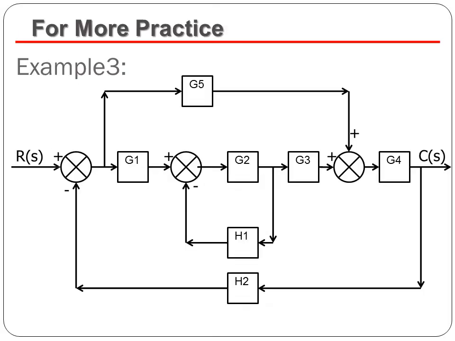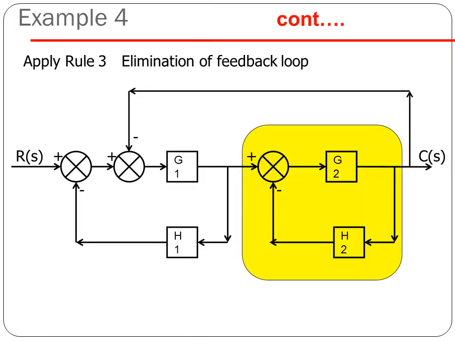For more practice, here are some examples. They are also simple examples based on, you can see, the parallel loop, then feedback loop. Here is a hint for example number 4: you can eliminate the feedback loop first and then go further.